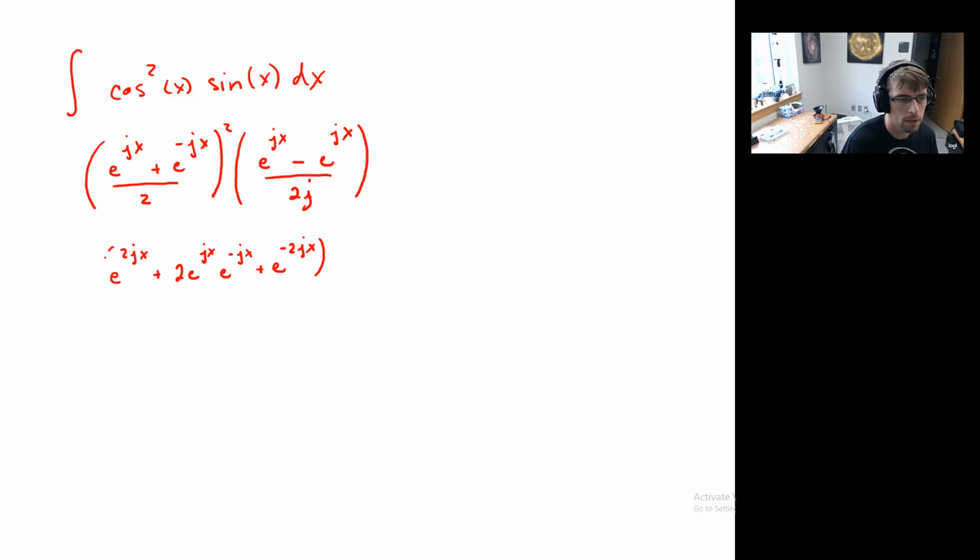And then I have e to the jx minus e to the negative jx. Of course, we have that 1 over 8j floating around out front as well. Well, let's see if this helps us.